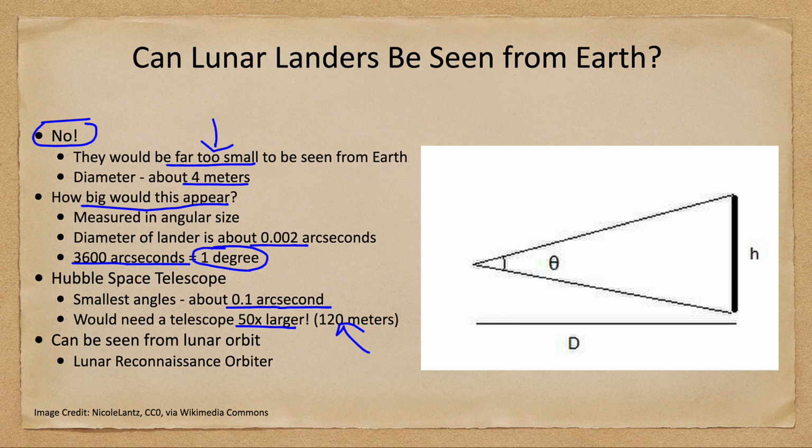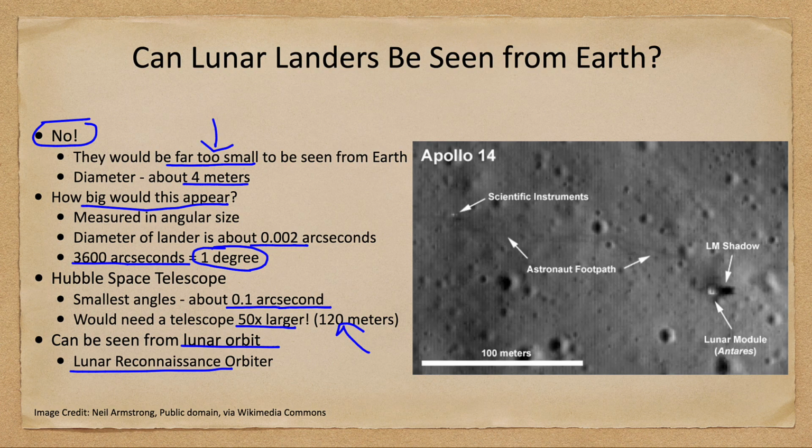Now, what we do know is that we can see it from lunar orbit, and we have images from the Lunar Reconnaissance Orbiter, such as the one shown here, where we can actually make out the lunar module. And that is with a much smaller telescope, but also from a much closer location, which is just in orbit around the moon.